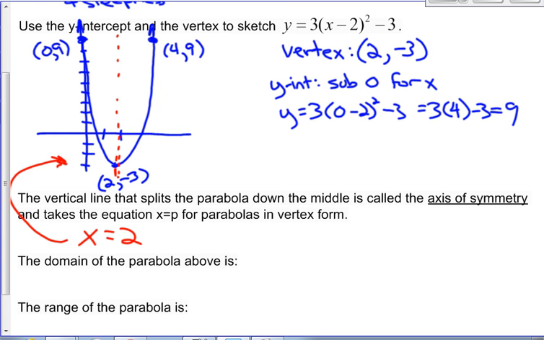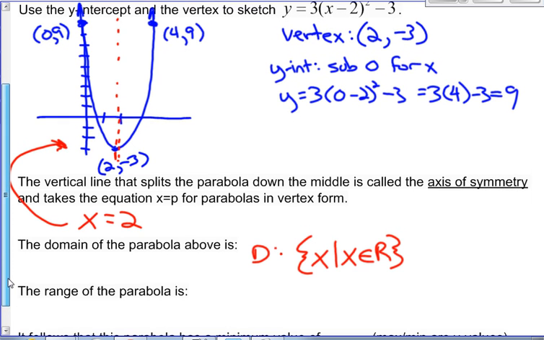The domain is just the x's in the parabola. So this parabola goes on forever to the right, forever to the left. The domain, you can write it as fancy as you like, is the set of all x such that x is a real number. The range, let's think about this parabola. It goes down to negative 3, but no lower.